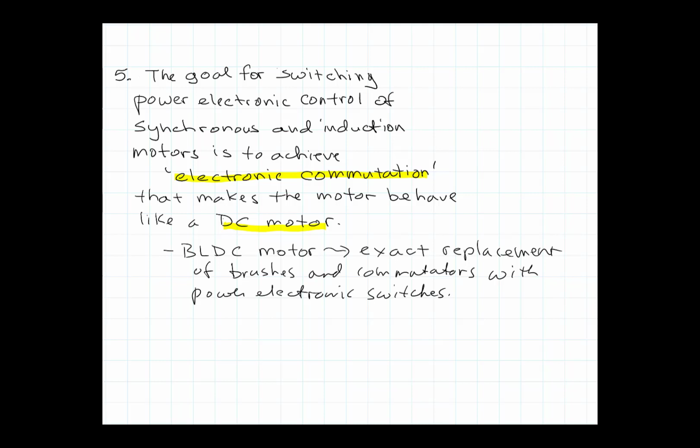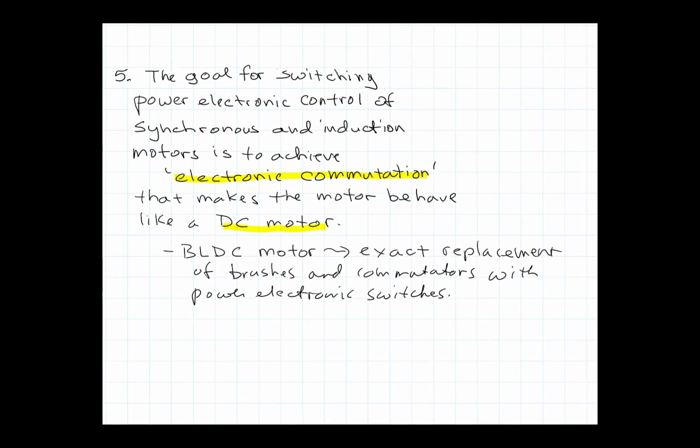So the brushless DC motor basically is an H-bridge feeding two windings at a time that look like a single armature winding, and then it reorients the switches according to the position of the rotor, the magnetic field on the rotor as it's moving.